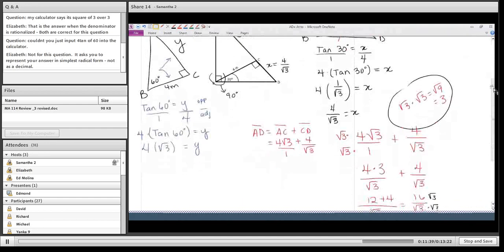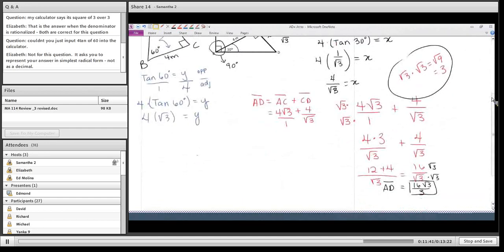When we end up doing the work here to find side AD, we get 16 over the square root of 3. You can never have a square root in the denominator. So you need to rationalize your denominator by multiplying top and bottom by the square root of 3. By doing so, you're getting rid of the radical in the denominator.